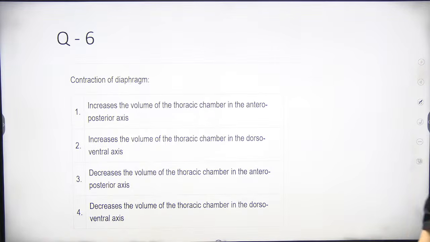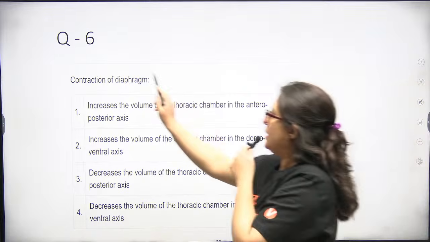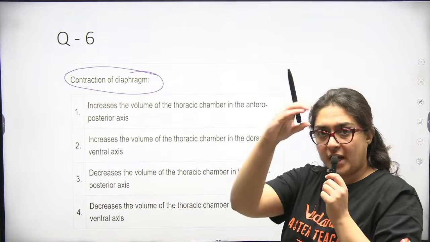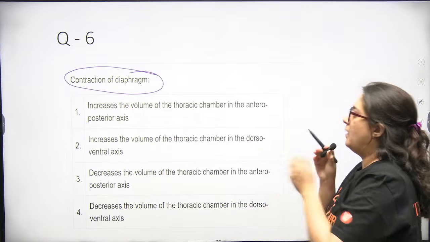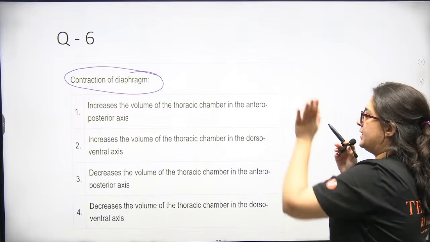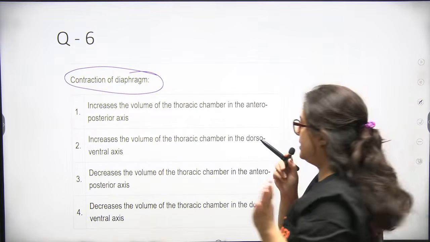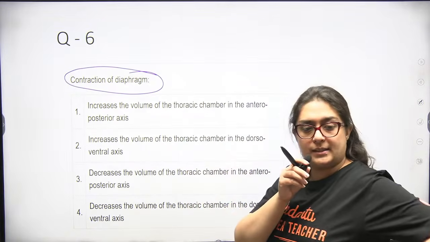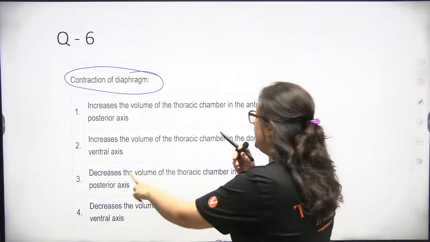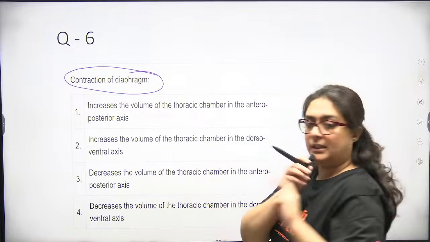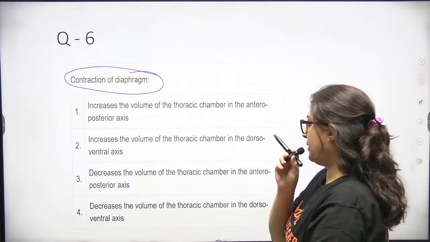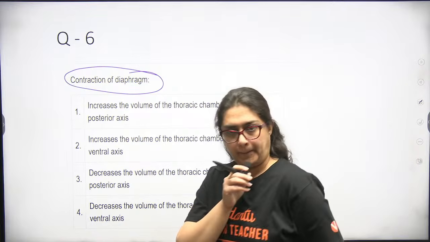Now, question number 6. Contraction of diaphragm, what will it do? Increases the volume of thoracic chamber in antero-posterior axis, increases the volume in dorso-ventral axis, decreases the volume in antero-posterior axis, or decreases the volume in dorso-ventral axis.